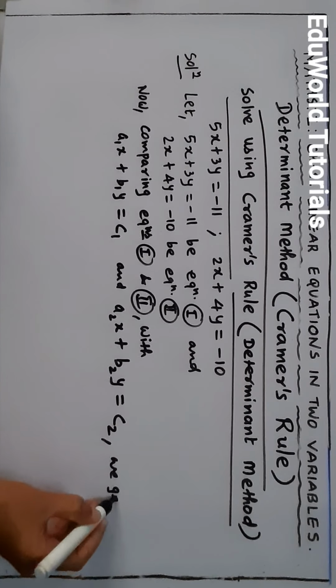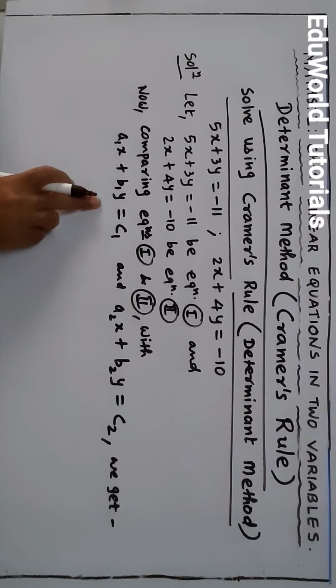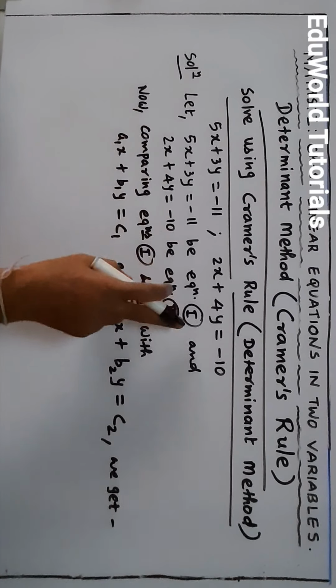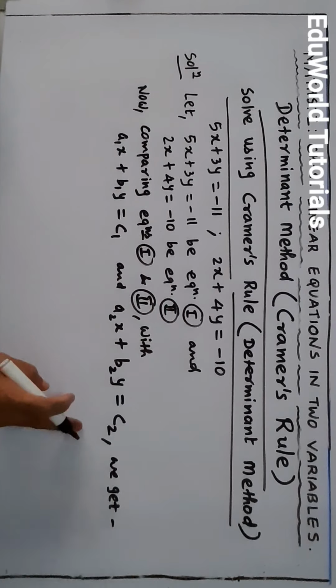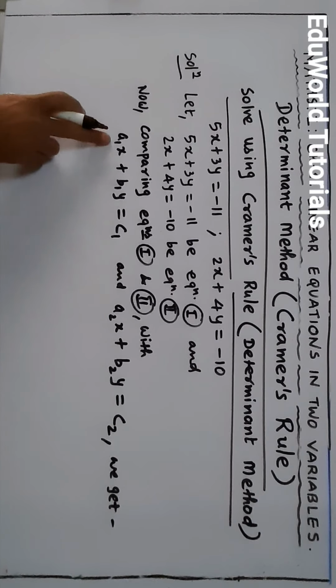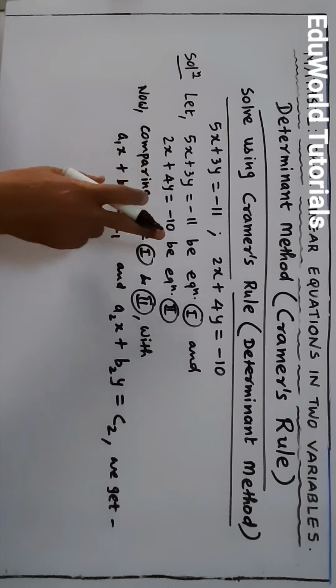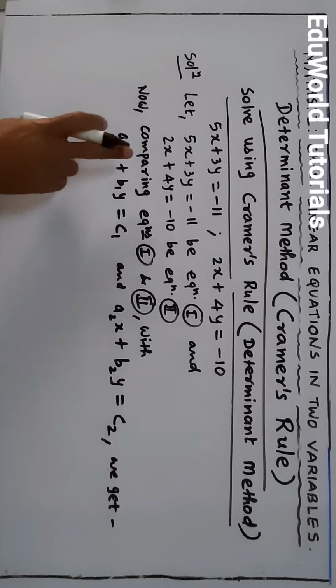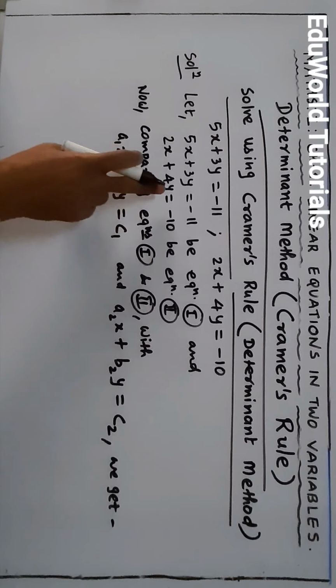We have to compare the equation first and second with the general forms. So a1, b1, c1 are the real numbers which are used in the equations, whereas x and y are the variables.